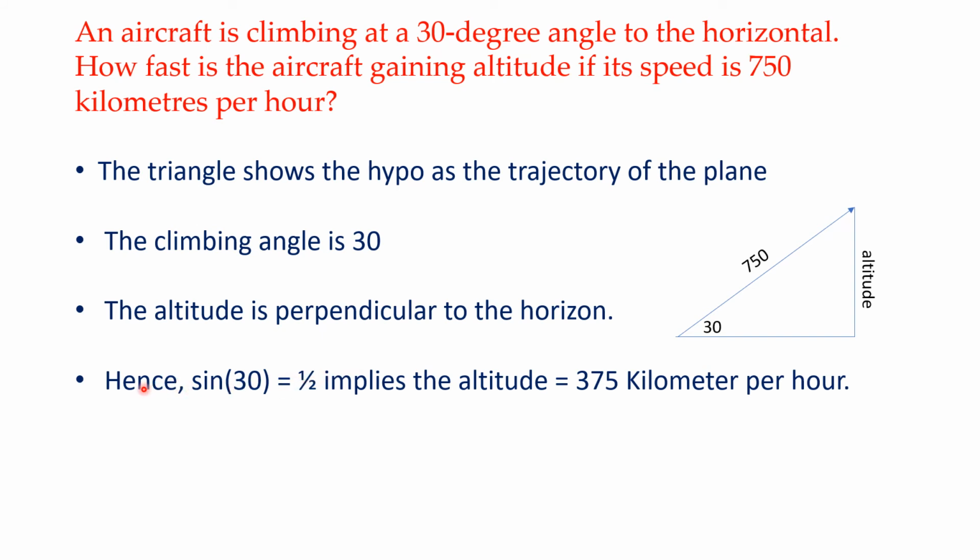Hence, since sine of 30 is equal to one half, the altitude is 375, which is half of the hypotenuse. The hypotenuse is 750, so the altitude will be half of it, and that's 375 kilometers per hour.